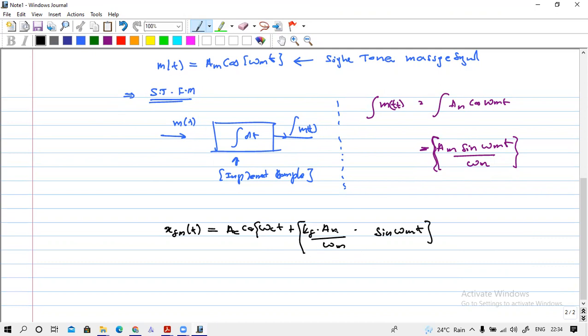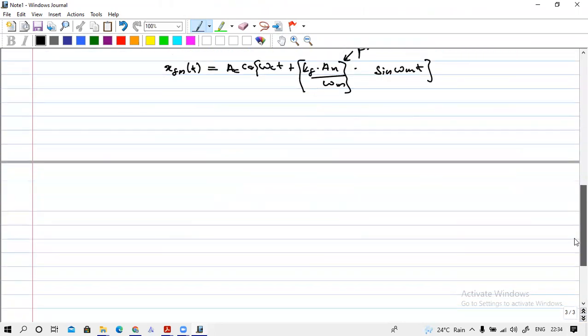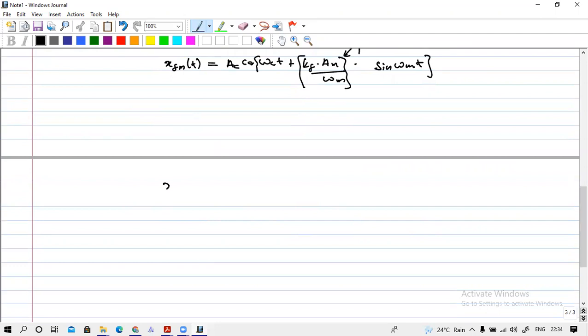You can see that this is the modulation index, beta. So if we write our modulated signal, we have x_FM(t) equals A_C cos(omega_C t plus beta sin(omega_M t)).